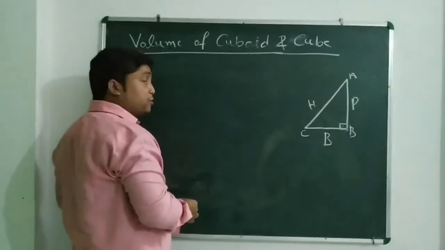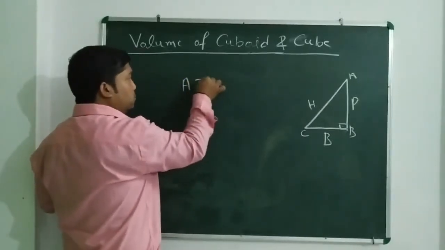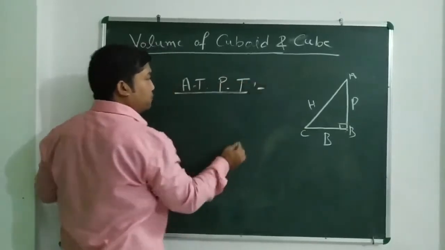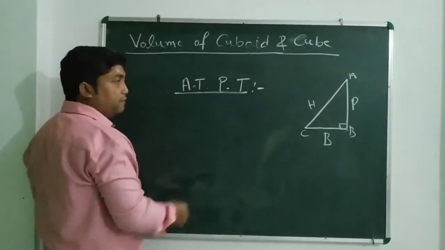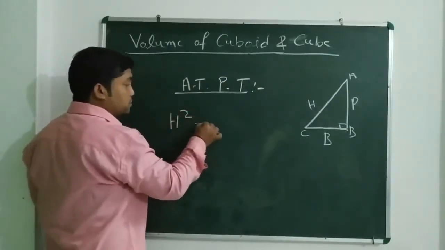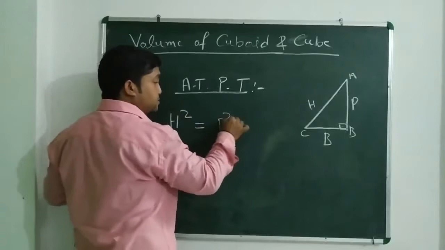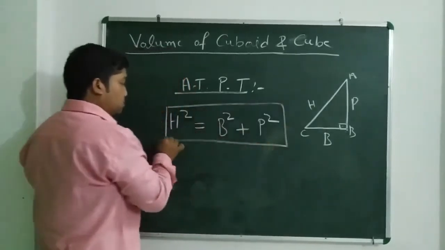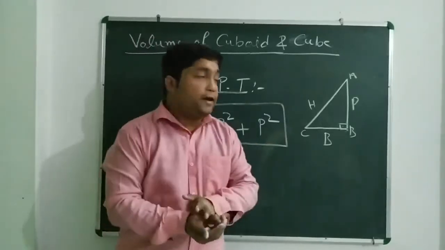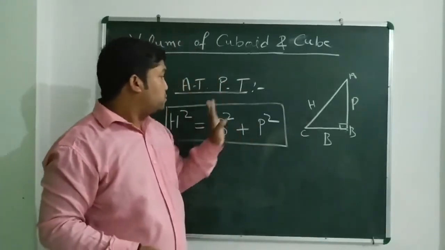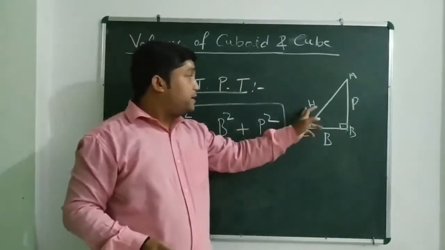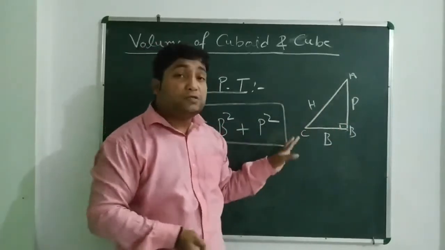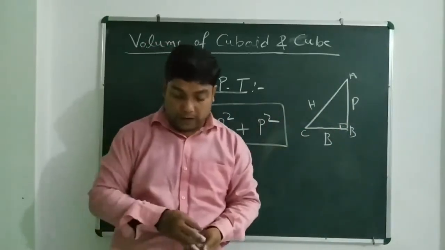According to the Pythagoras theorem, the square of the hypotenuse is equal to the square of the base plus the square of the perpendicular. We have to use this formula for finding the diagonal of the cuboid.